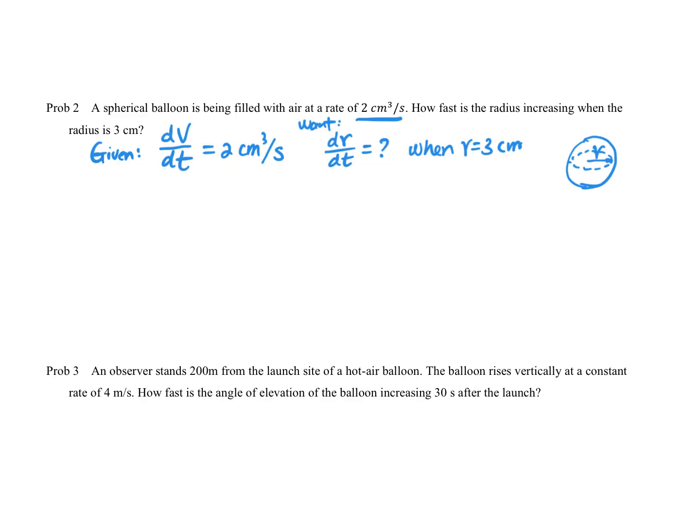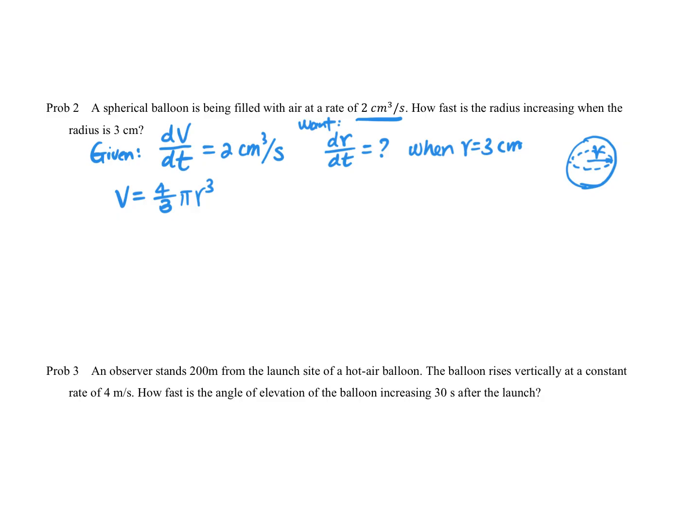Okay, with that, next we'll have to figure out an equation that connects these variables, right? The volume equation of a sphere is 4/3 pi r cubed. Famous equation, so sometimes you do have to know some basic equations.